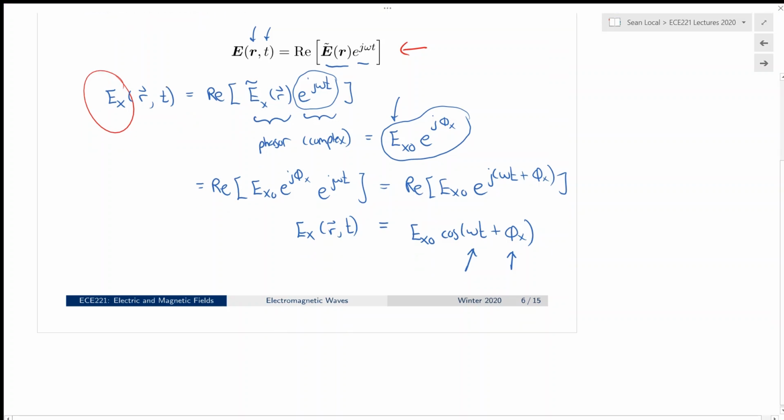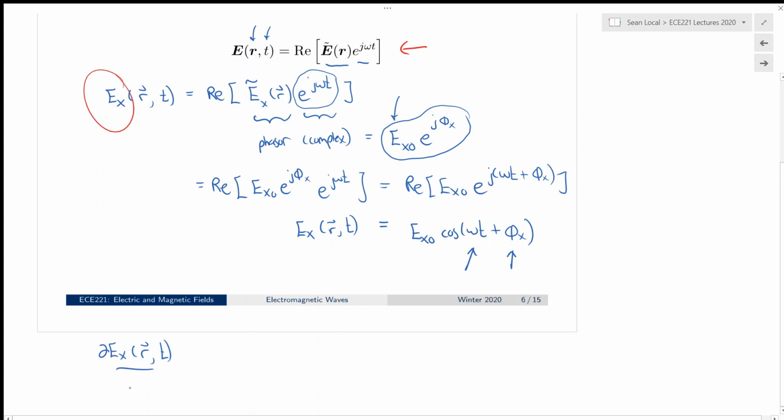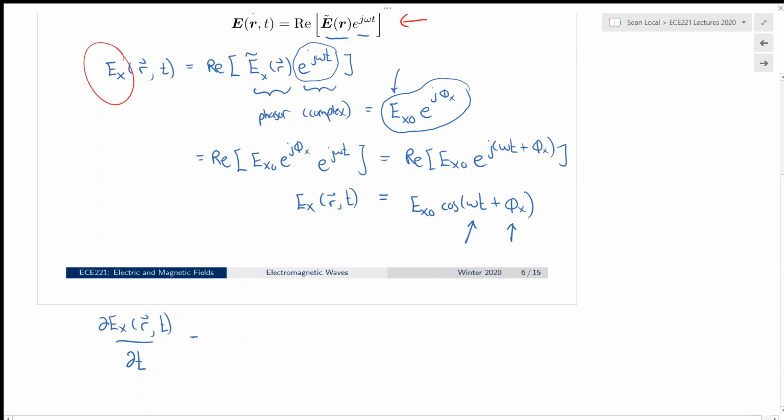So if I try to find the time derivative of Ex, which is a scalar quantity, and I need to do a partial time derivative here because E depends on space and time, then we're taking the time derivative of the real part of this phasor, E tilde, and this e to the j omega t term.